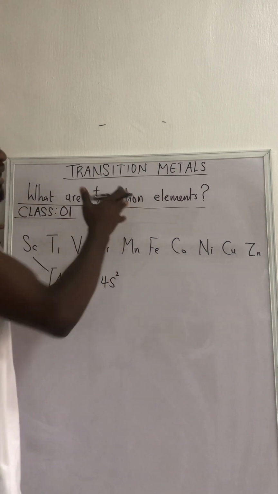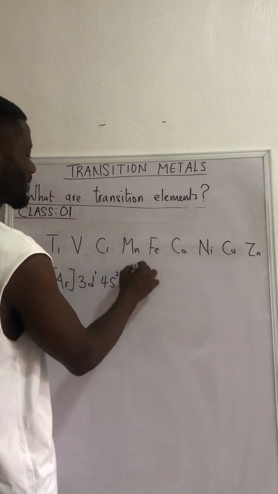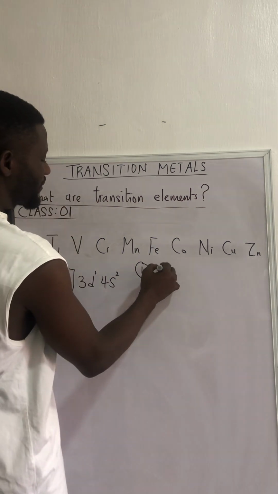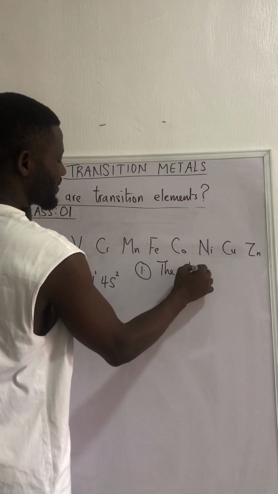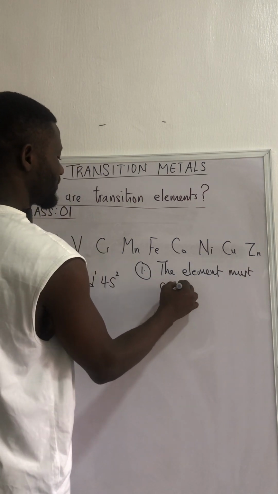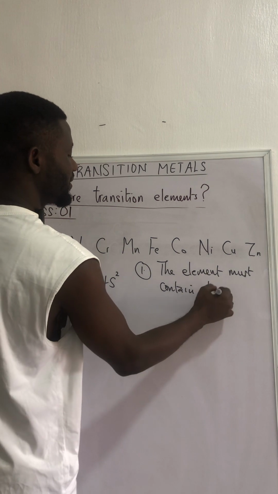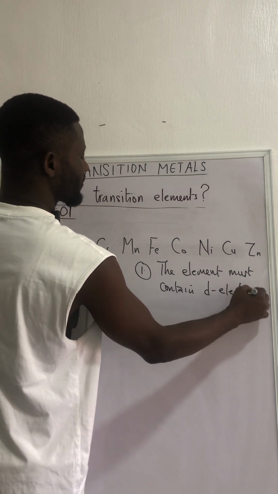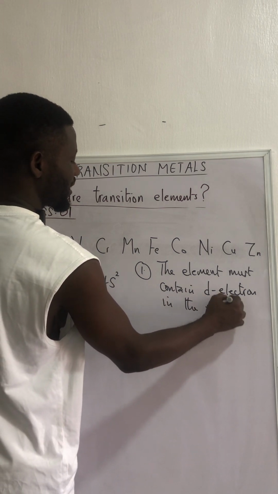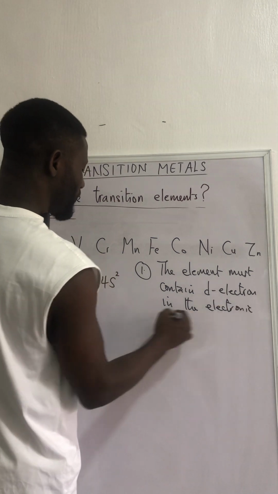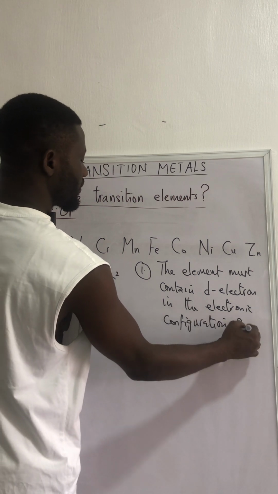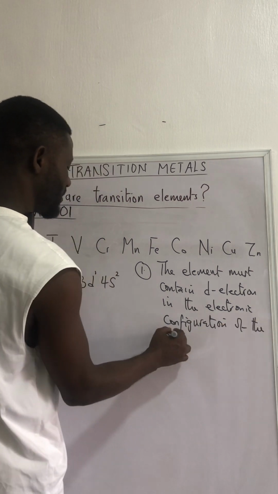So that means to define transition element, the first condition is that the element must contain d electron in the electronic configuration of the element.